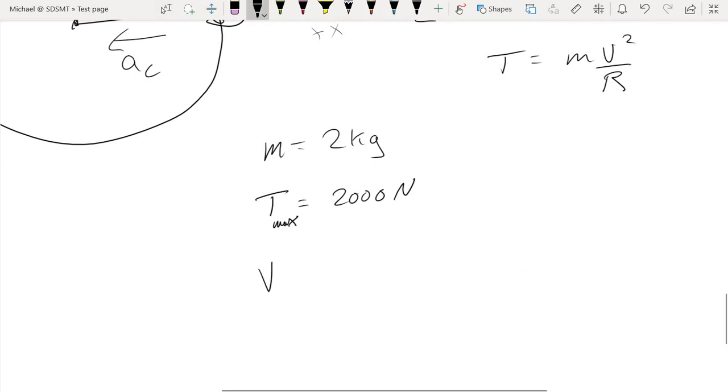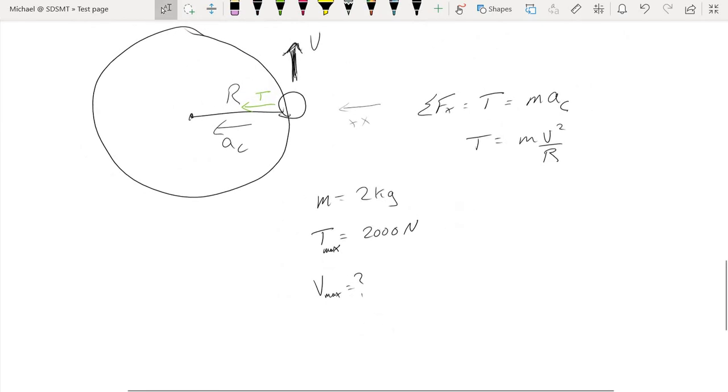So how fast can we get this rock moving around its circular path and not break the rope? Well, if I'm trying to maximize the velocity, then I'm pretty much maximizing the tension as well. So let's go ahead and put in the maximum tension into our equation.